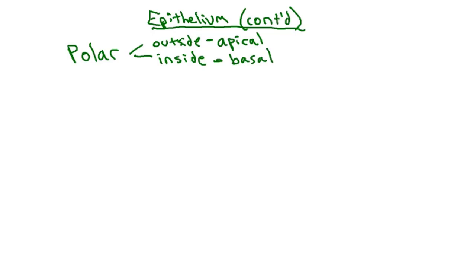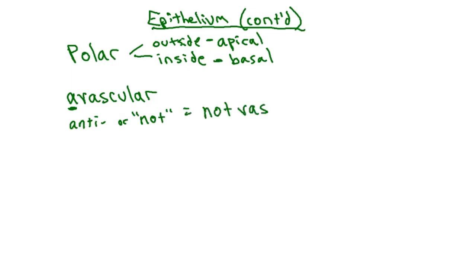Also, what you want to know about epithelial tissues is that they are avascular. And avascular, A means not. So that means they're not vascular. Vascular means it has blood vessels.